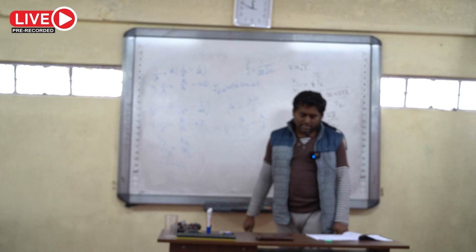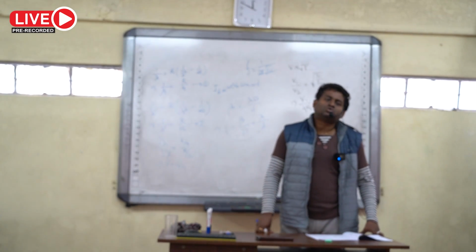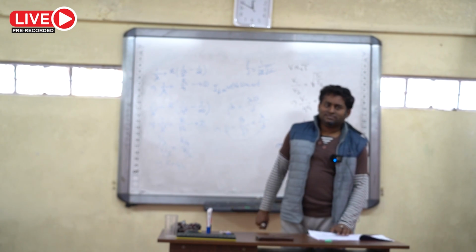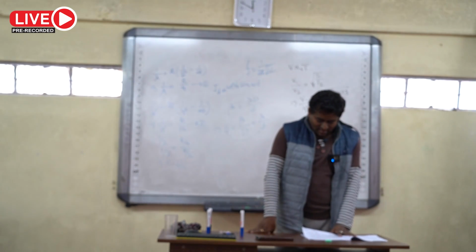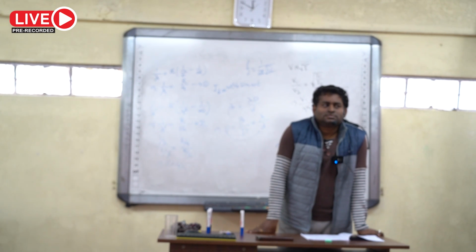Now 34, that is also easy. The net magnetic flux through any closed surface is always 0. And why is that 0?